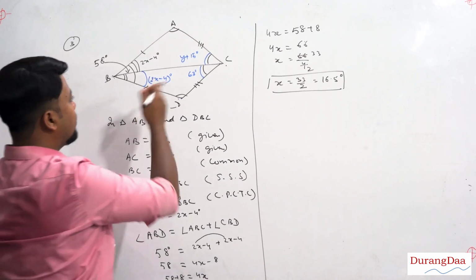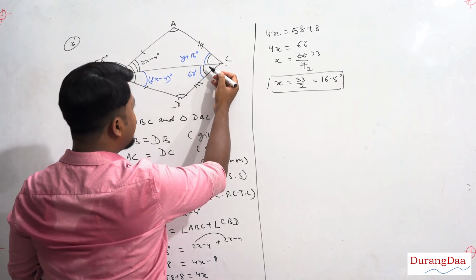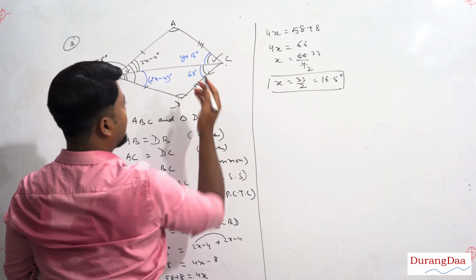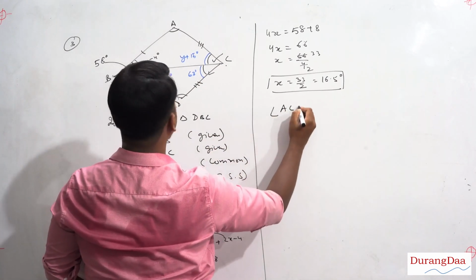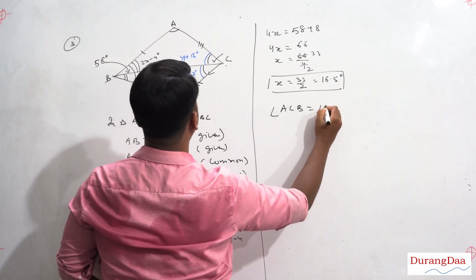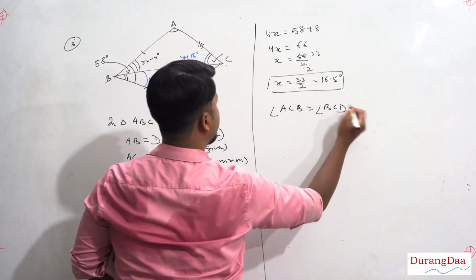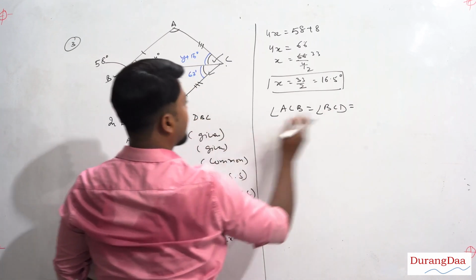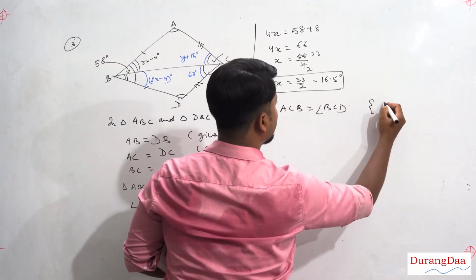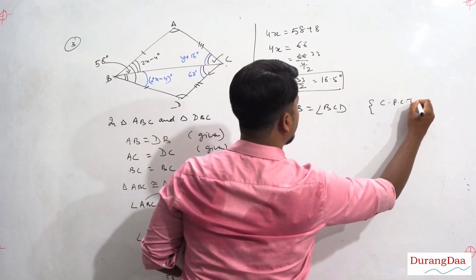Now for the value of y, again by CPCTC, this angle and this angle both are equal. So write it here, angle ACB equals angle BCD, write down the reason here, by CPCTC.